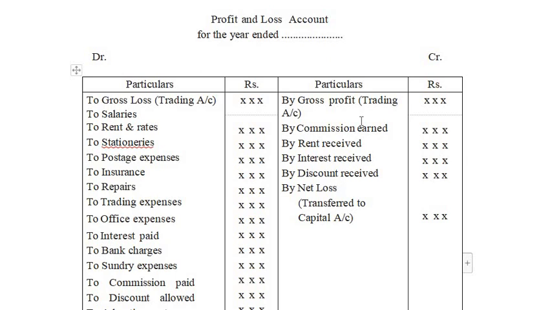If you get the difference on the left hand side, you can call it a net profit. When income is more than the expenses, only then will you get a difference on the left hand side.